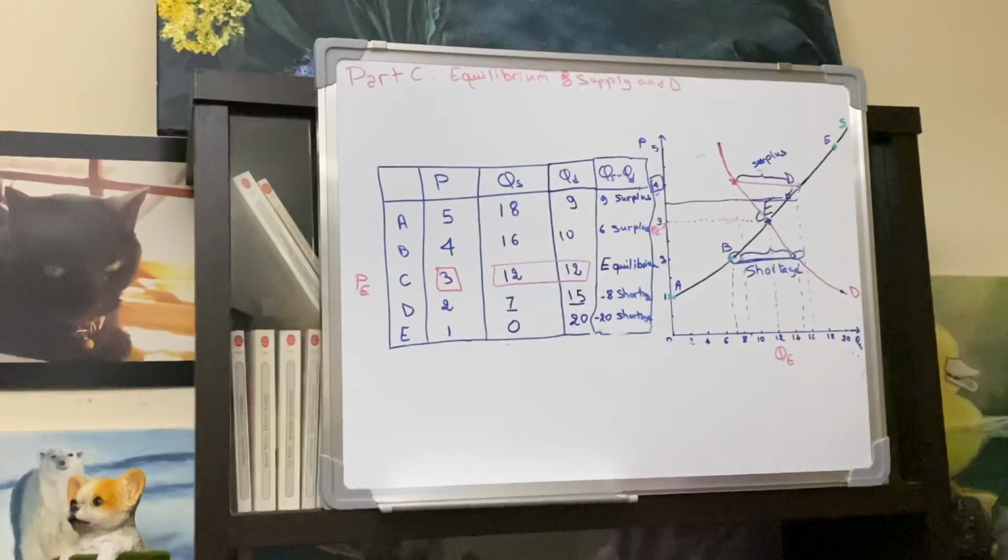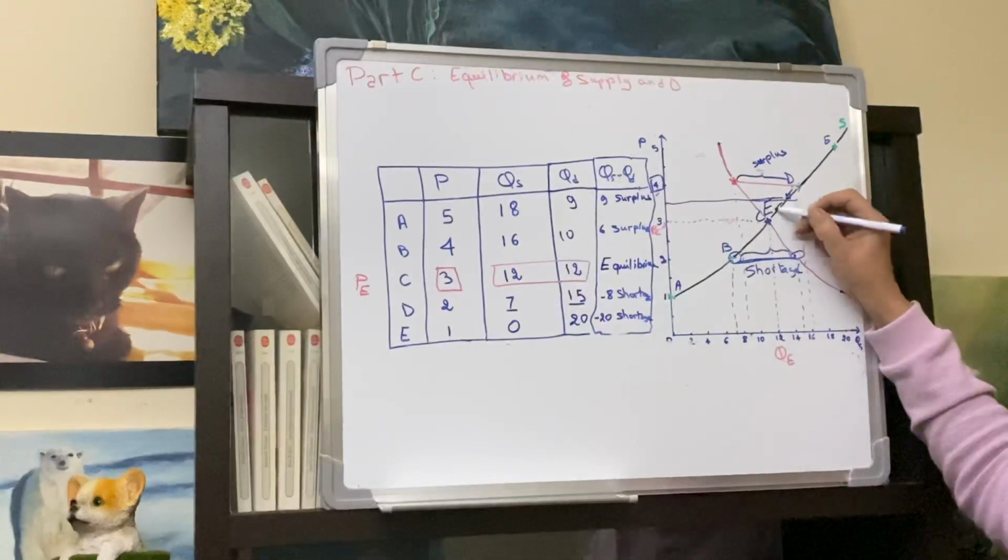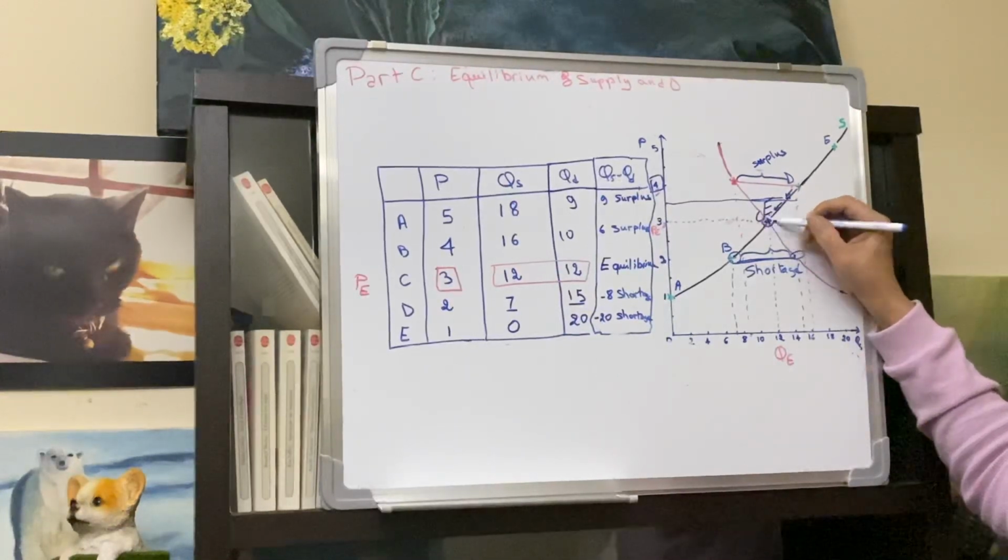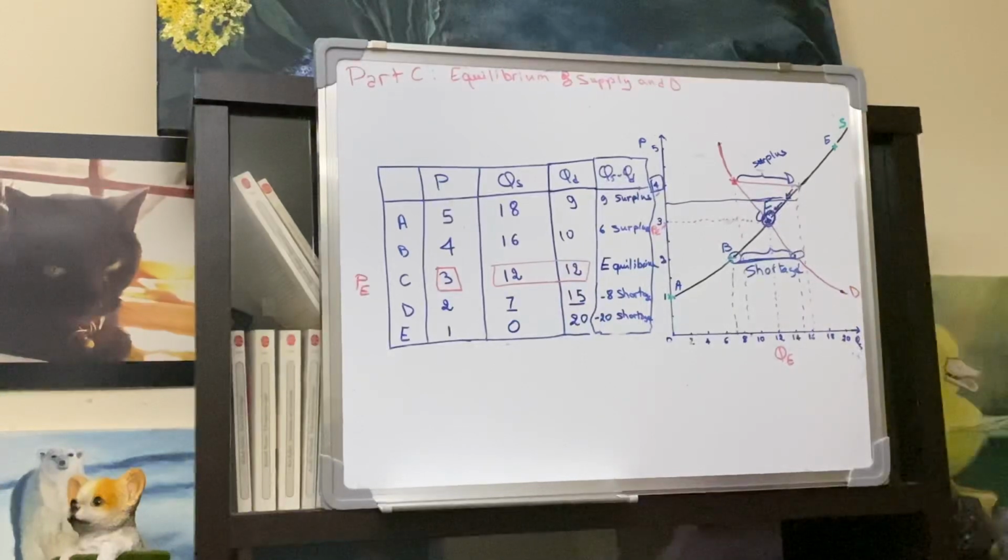So what are they going to do in order to sell these goods? They're going to decrease the price until they reach the equilibrium. This is what we call the adjustment mechanism. That means wherever you are at the beginning, you're going to go back to the equilibrium.